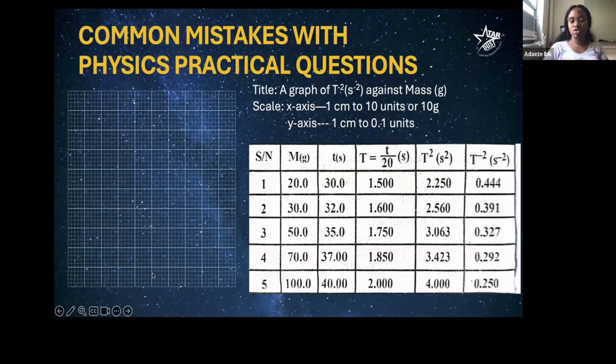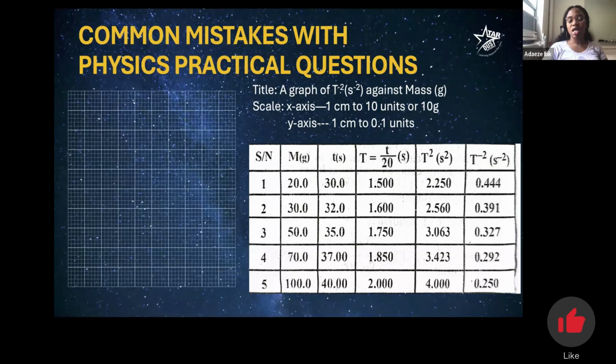If this is what you want to do, you are saying let 1 cm be 10 grams or 10 units. So that's what you're saying. We can do this. The truth is trial and error. When you try it and you notice that it's not working, you can decide to change your mind and get a new scale. So you must not follow the first one all the way down.